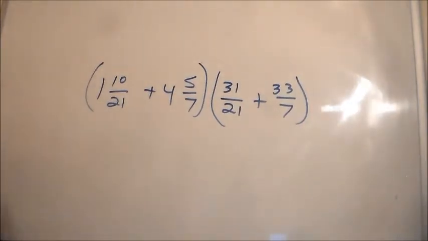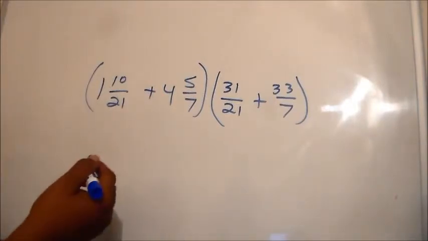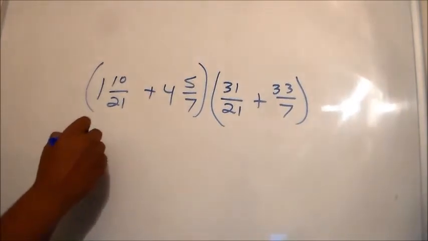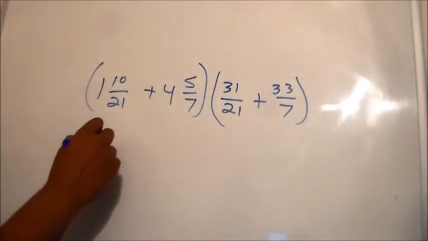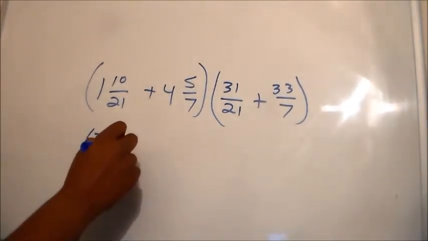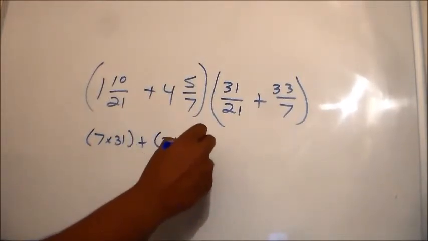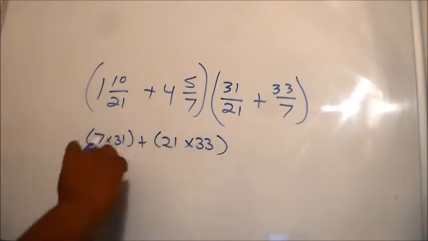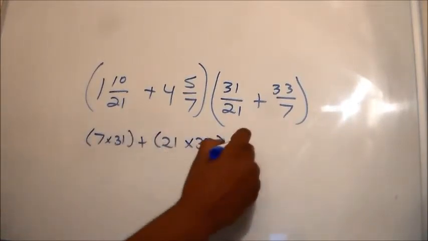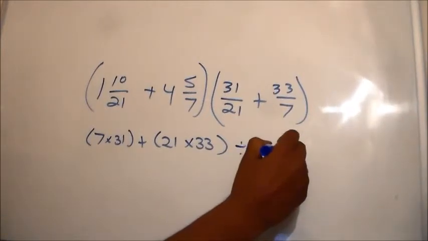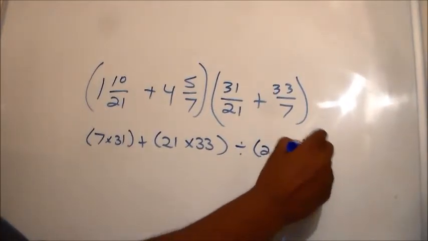Now, the reason I say this could get ugly is that we'd have to multiply 7 times 31 and add that to 21 times 33. And we'd have to divide that whole total by 21 times 7.